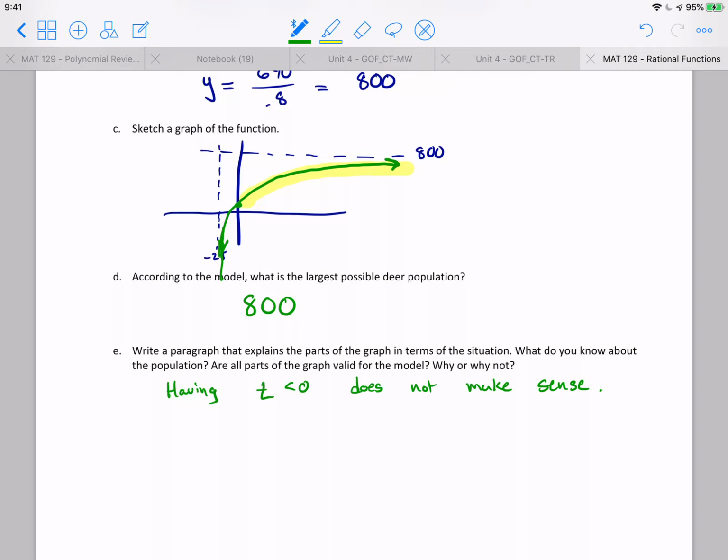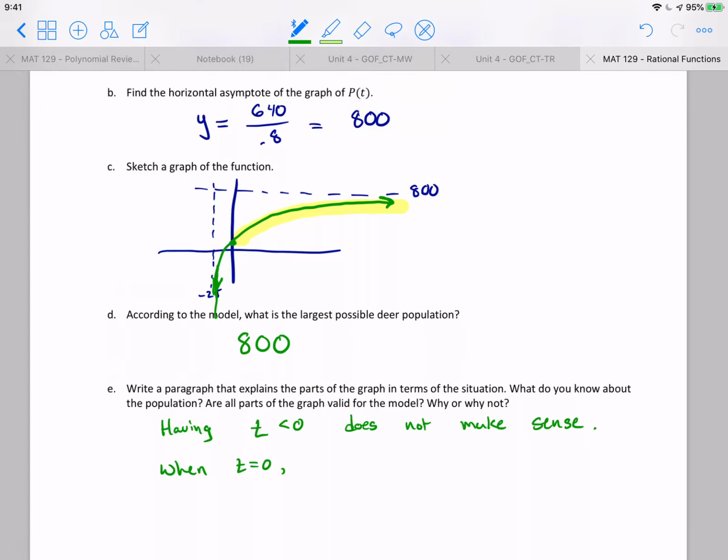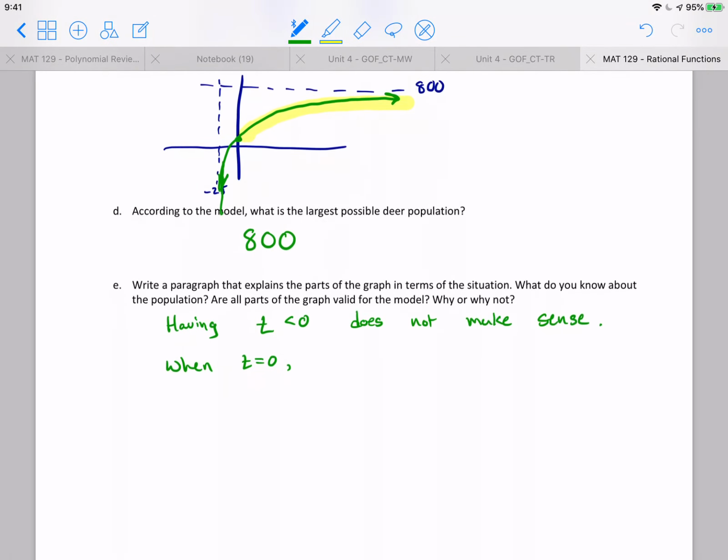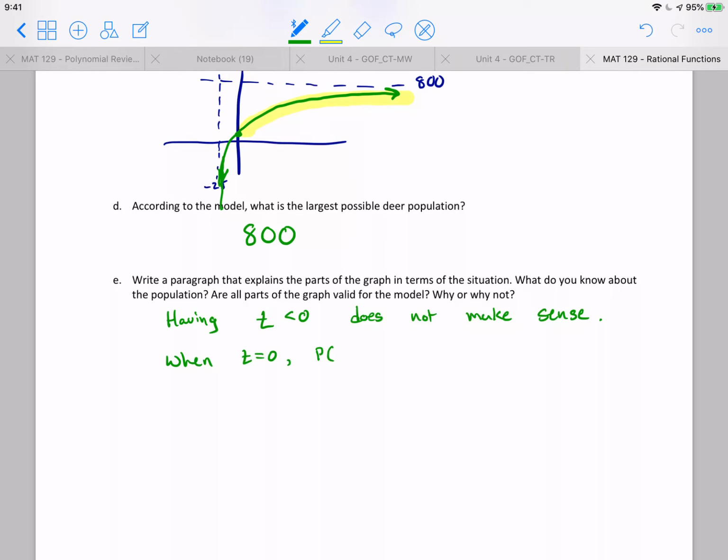Okay. What else? Well, hey, when t was 0, the population, and I guess they used p of t, so p of 0 was, we said, 40.